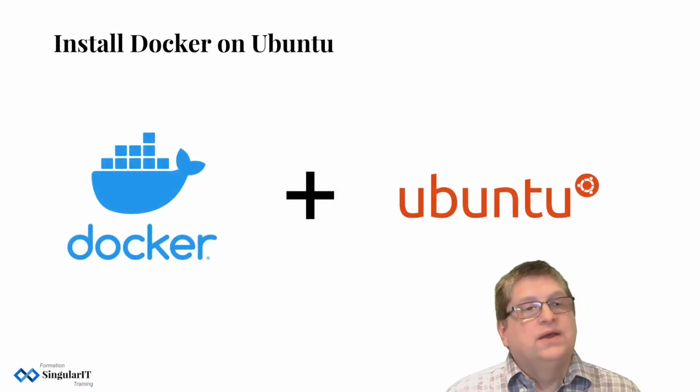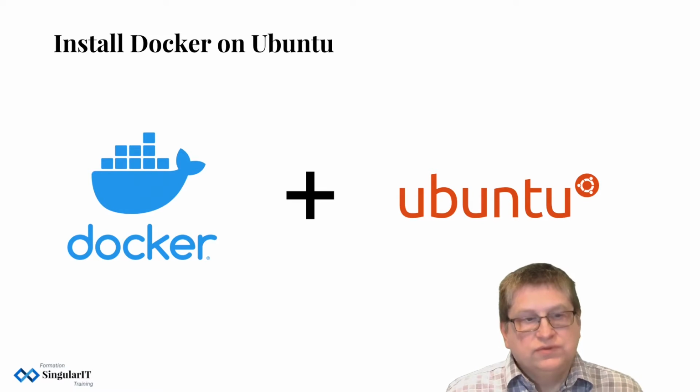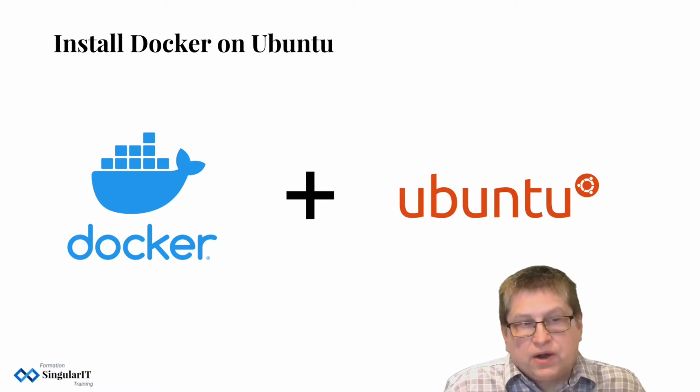I made this video about Docker and Ubuntu, but for Windows and Mac it's really a simple install. There's not much to say, but I want to talk a little bit about why we're using Docker and where we go with that. So, we're using Docker and Ubuntu. Those two go together very well because Ubuntu is Linux based and Docker is based on the Linux kernel.